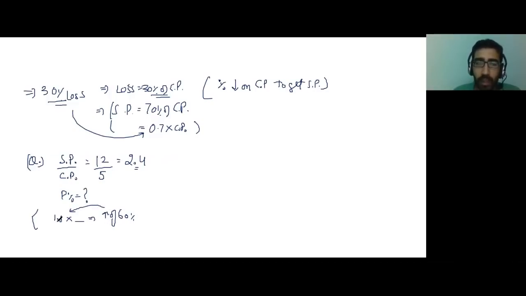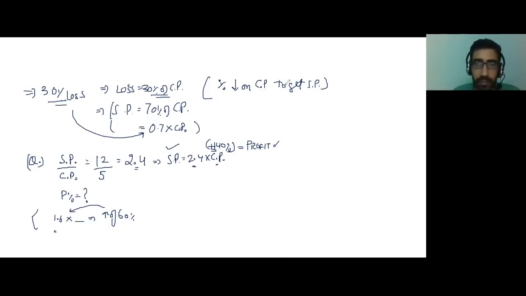Similarly, if selling price by cost price is 2.4, or in other words, selling price is nothing but 2.4 times cost price, this means that cost price has been increased by 140% to get selling price. This increase on cost price to get selling price is what profit is. That is all you truly need to understand.